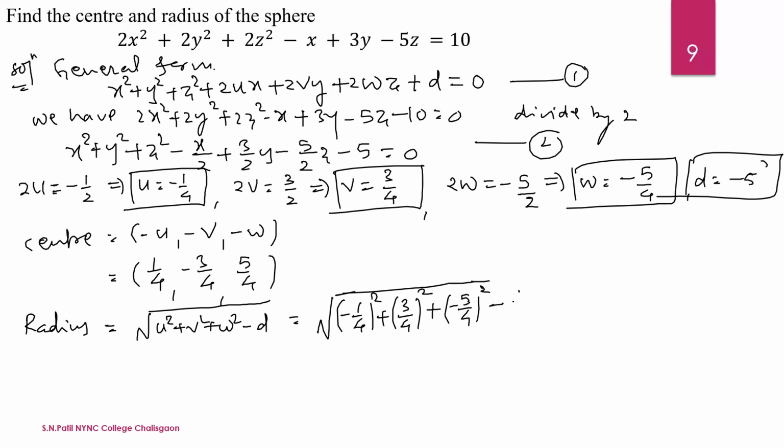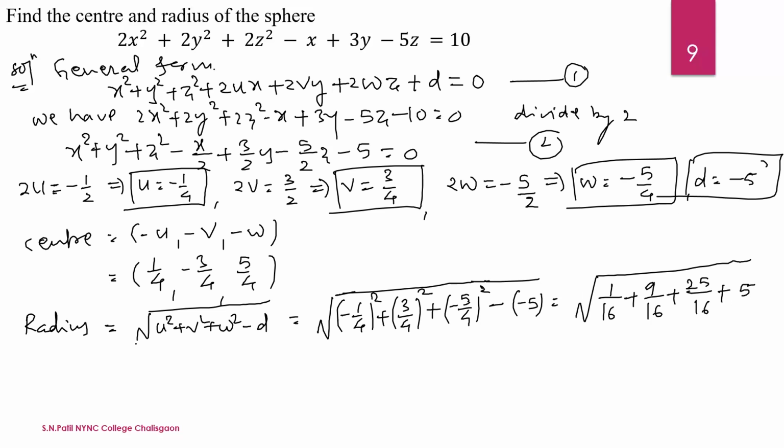The value of d is minus 5. Now here 1 by 16 plus 9 upon 16 plus 25 upon 16, and here minus minus plus.